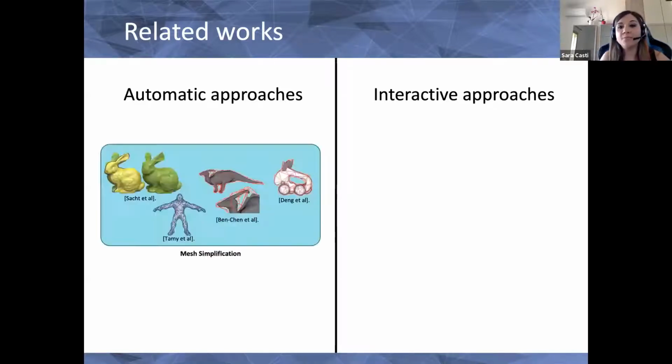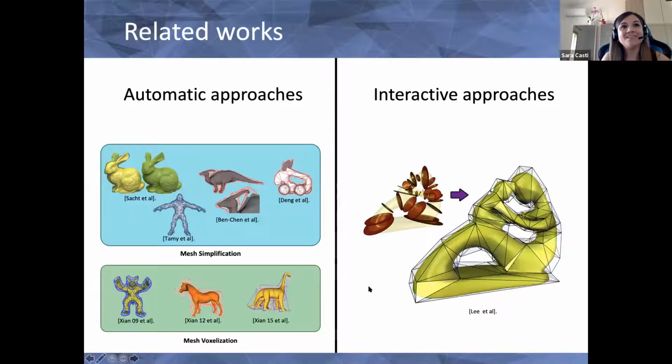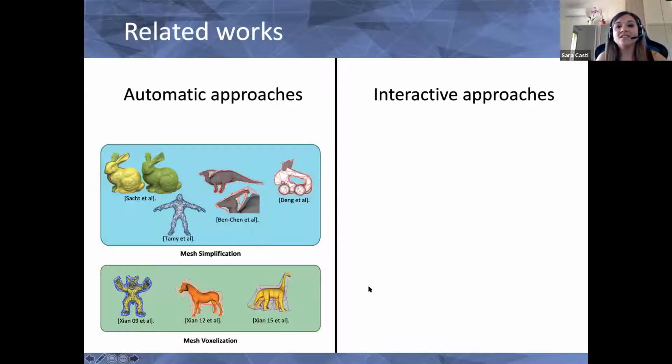In the automatic approaches, we have the ones based on mesh simplification, and the ones based on voxelization. These are purely geometric and rely basically on the pose of the character. It's not possible to control exactly the location of the vertices, and as such, they are not very animation aware. And we have less control of the cage density.